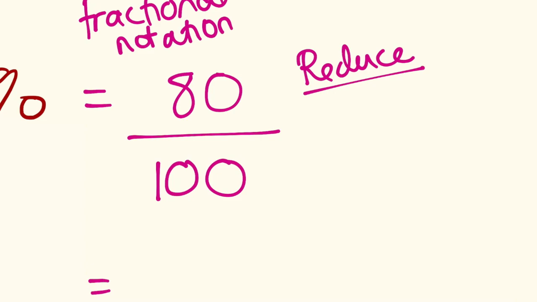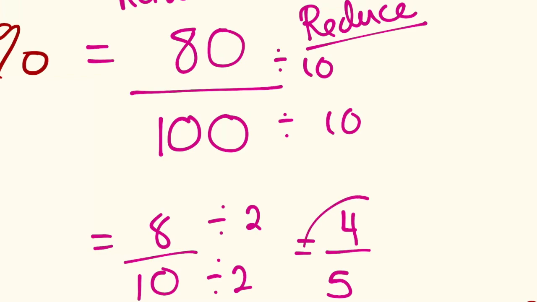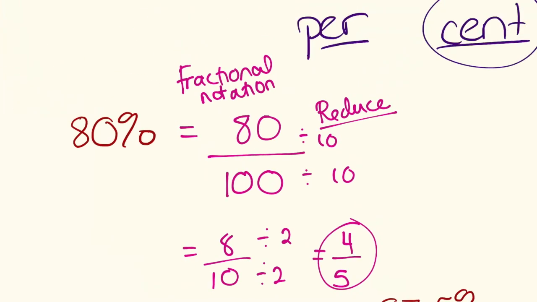I feel like the first thing people are going to say is, well, both 80 and 100 can divide by 10. For sure, you can divide 80 by 10 and 100 by 10, and you'll get something that looks like this. But then you'll also notice that you can go a little bit further, because then you can divide both 8 and 10 by 2, and so you get 4 out of 5. This is the reduced version of 80% in a fraction form, or in a fraction notation.